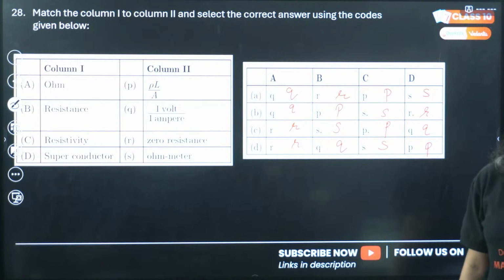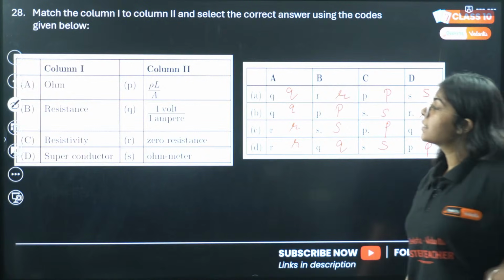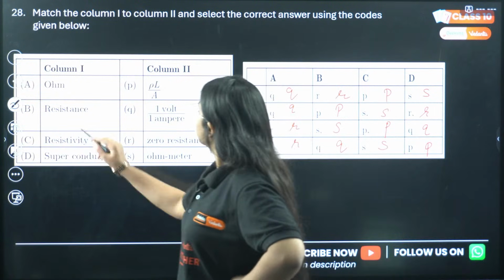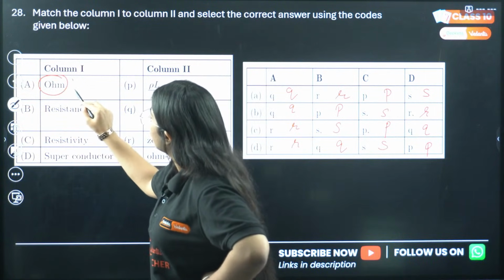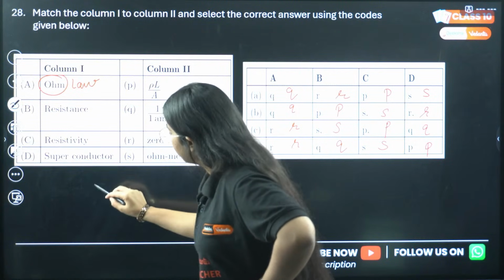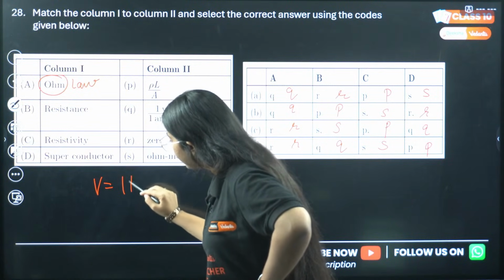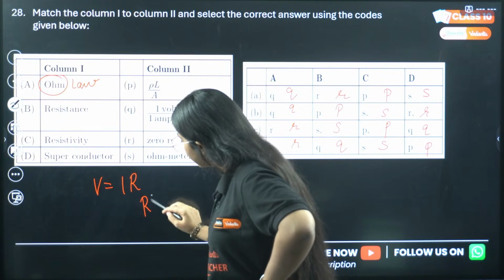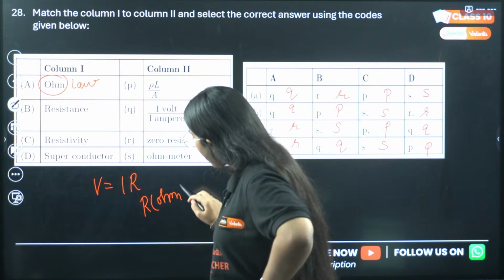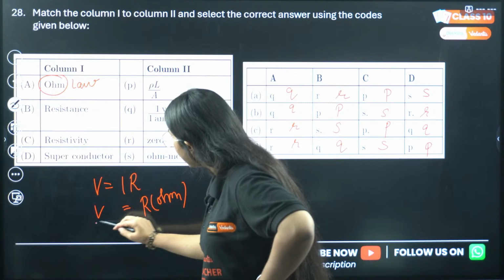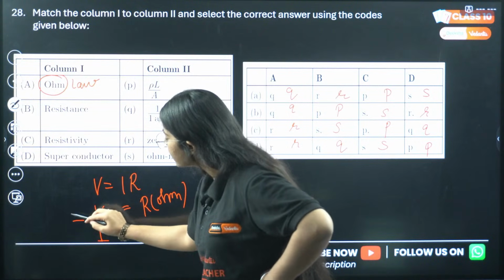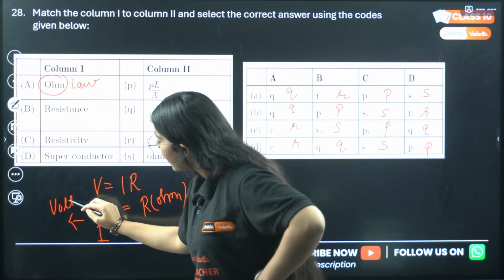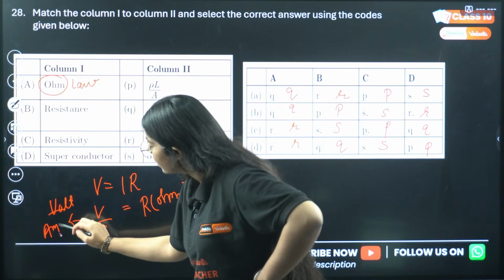Okay, let me know the answer, guys. What is the answer to this question? Okay, let's see. Ohm's law is what? V equals IR. So ohm is the unit of R, which will be V by I. V is volt, I is ampere, correct?